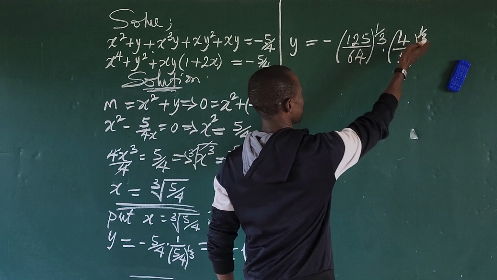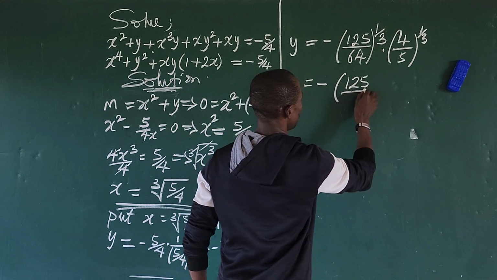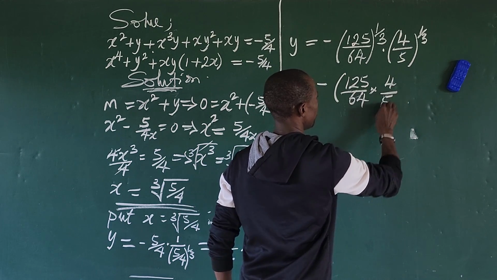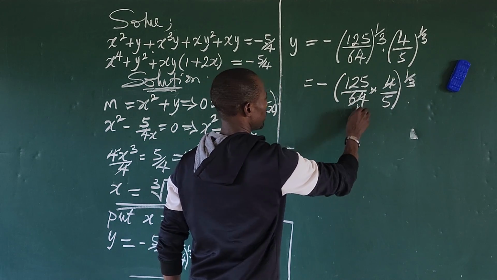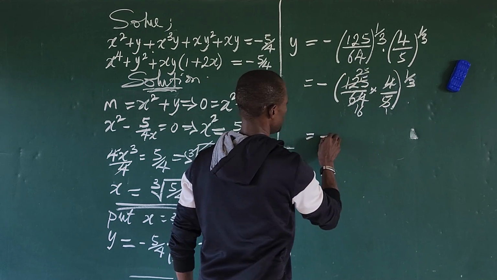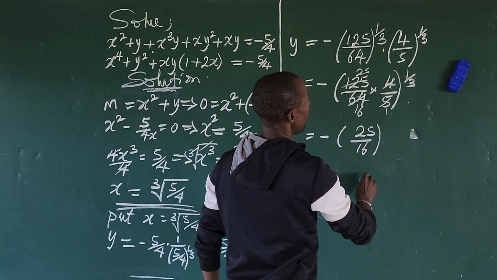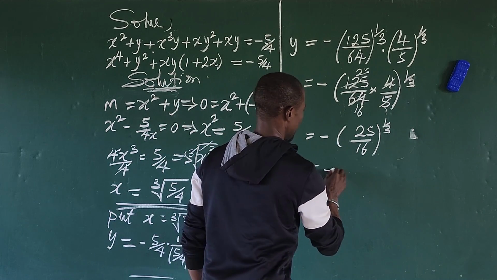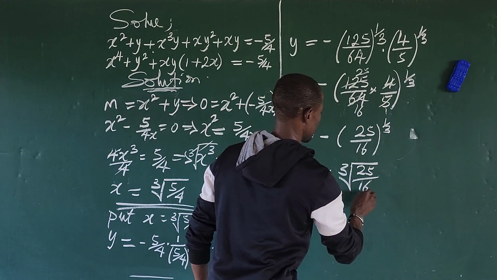Because the two powers are the same, we end up having minus bracket 125 all over 64 times 4 all over 5, to the power of 1 all over 3. So 4 here, 4 here will give us 16, 5 here, 5 here will give us 25. So we end up having minus bracket 25 all over 16, to the power of 1 all over 3, which is the same thing as minus the cube root of 25 all over 16.